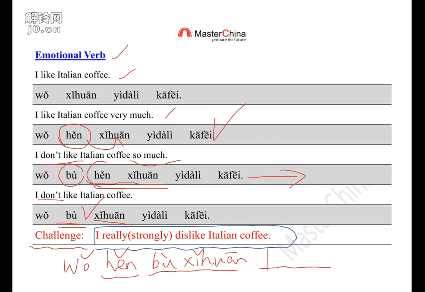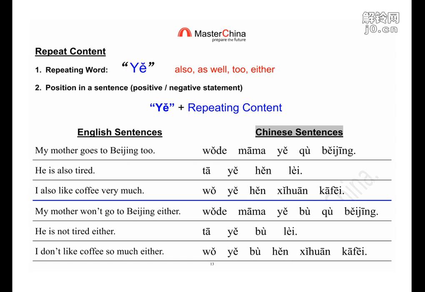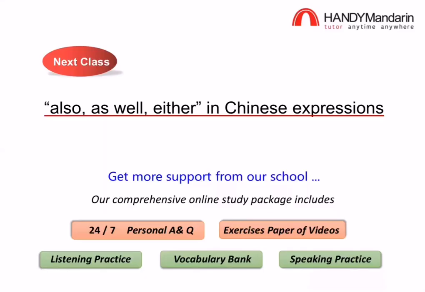But for the other two, people look very calm, but their words already reflect their ideas. Don't worry. First step you understand it. Second, we practice them and you can use them very well. Okay, now let's do another grammar rule, repeating the content.